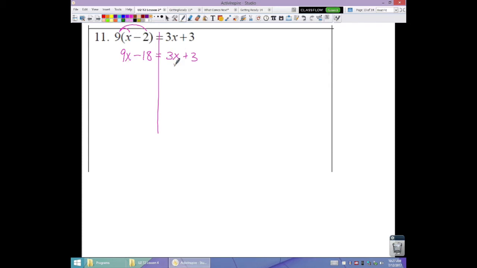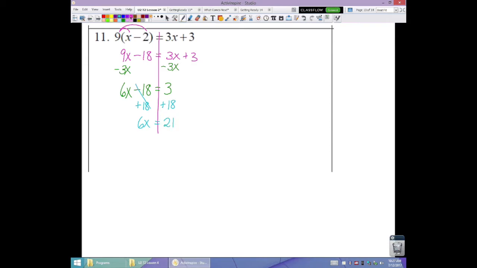I choose to get rid of positive 3x, so I'm going to subtract 3x. 9x minus 3x is 6x. Bring down minus 18. Bring down the 3. Get rid of negative 18. We need to add 18. So I'm left with 6x equal to 21.